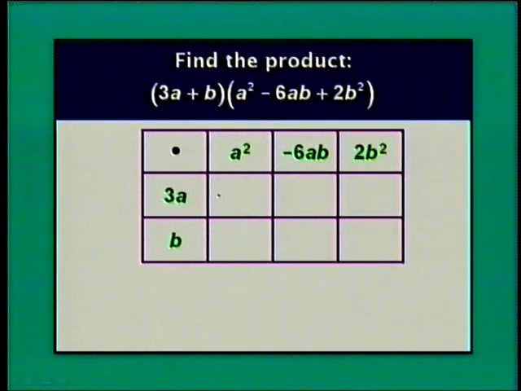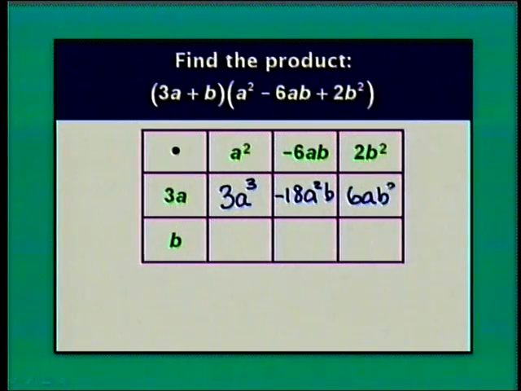3a times a squared is 3a cubed. 3a times negative 6ab is negative 18a squared b. 3a times 2b squared is 6ab squared.